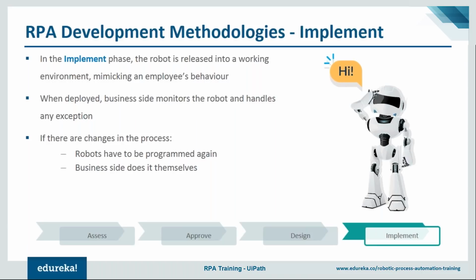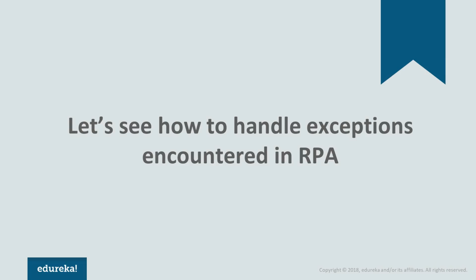And during the implementation stage, you deploy your project in a live working environment and see how the robot responds to different kinds of inputs. And if there are any problems or any outputs which the customer doesn't want, you will handle them. Then you end the development stage and you get a finished product. So this is how a typical RPA application will be developed in a company, or the way you will create your RPA application.